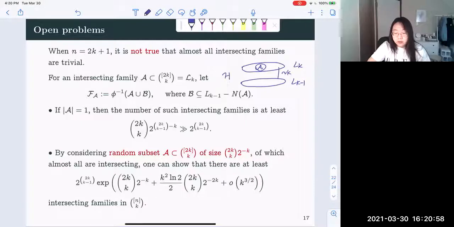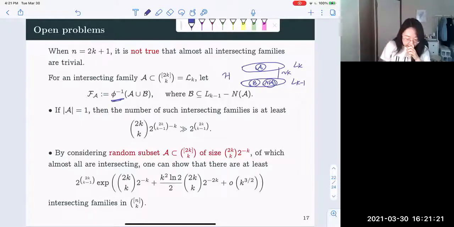And then it's pretty much like the reverse of the mapping I mentioned before. So you take this intersecting family, and then you take some set B from the non-neighborhood. And when you map it back, take the inverse, and it will become an intersecting family.